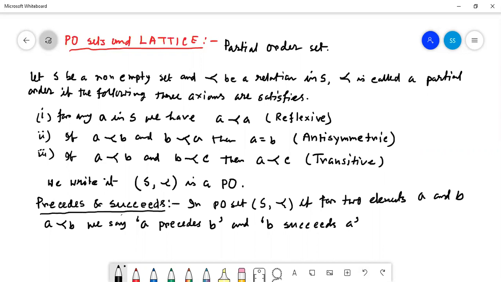Then A precedes B. That means A is previous to B. And B succeeds A. That means B is after the A. That is precedes and succeeds. Precedes means which is the previous and succeeds means which is the follower.